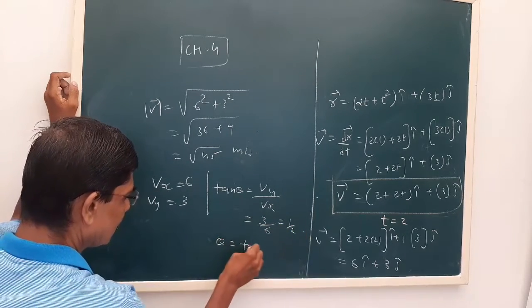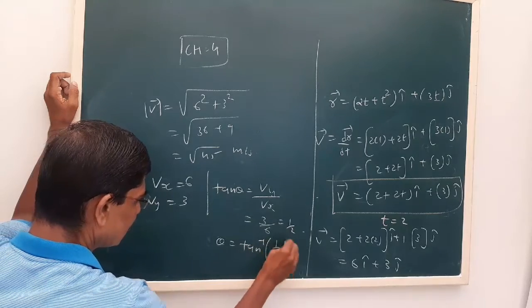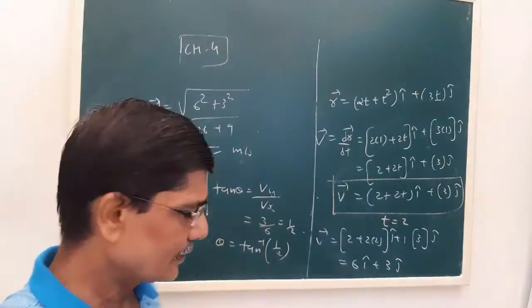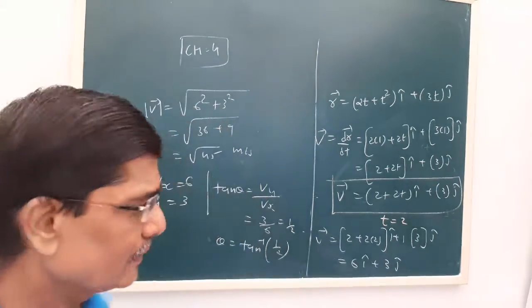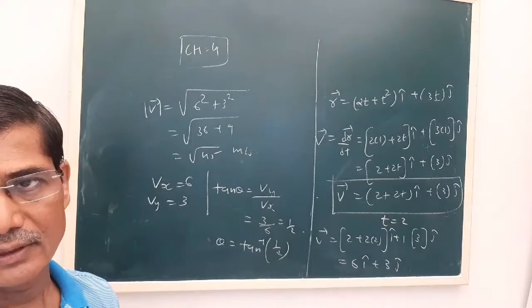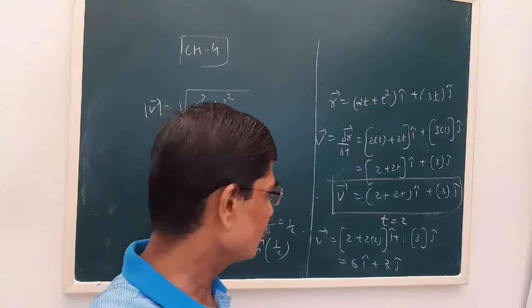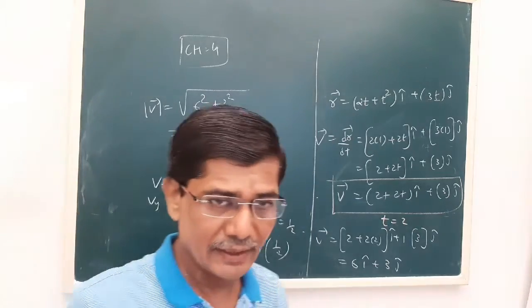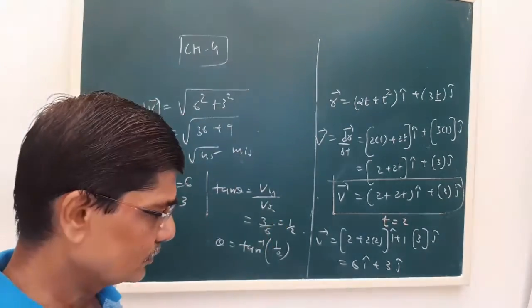So theta is tan inverse of 1 by 2. By taking the help of the log table or trigonometric tables, we can find the value of the angle also. So this is about the equation of instantaneous velocity and its magnitude.